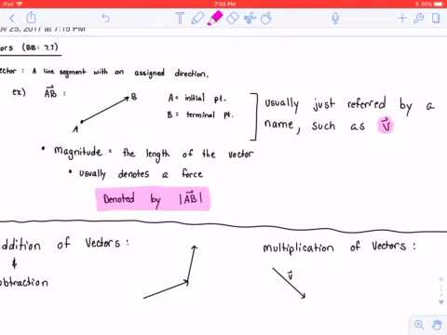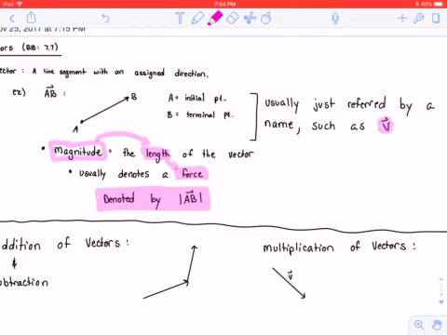Now it does have a length, and as I was talking about, it represents a directed force. So the force is denoted by what's called its magnitude, and this magnitude is the length of the vector, and that length is going to denote a force. The bigger or longer the vector, the more force that's being applied to it.